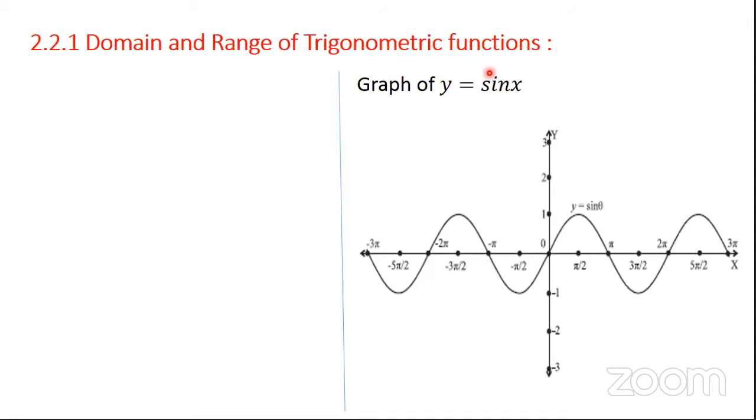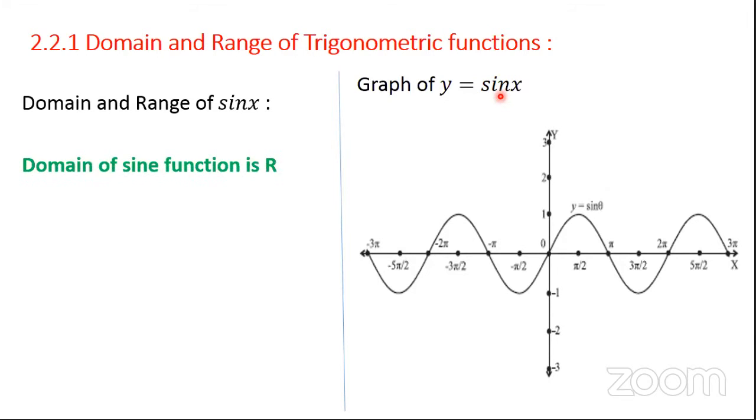So let us start with sin x, domain and range of sin x. I have told you that domain of sine function is any real number, so for x we can take any real number value. Then value of sin x, you can see in the graph, for any value of x, always lies between +1 and -1.